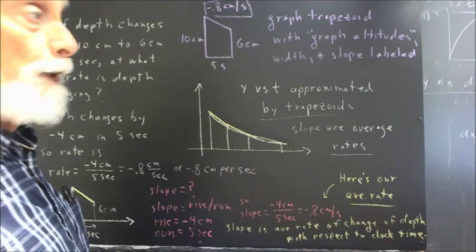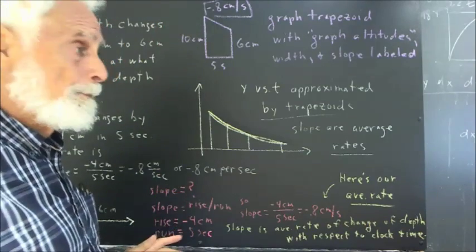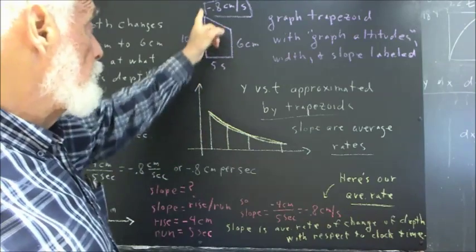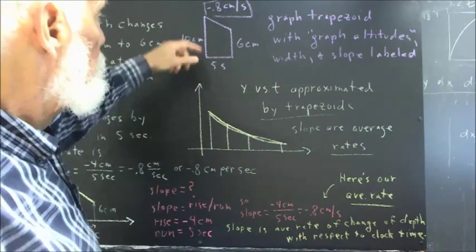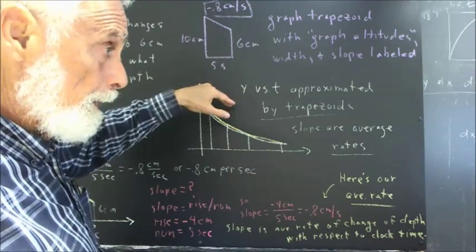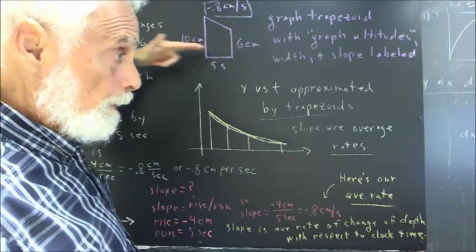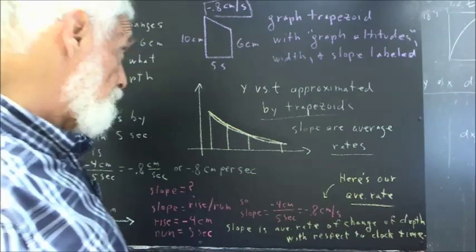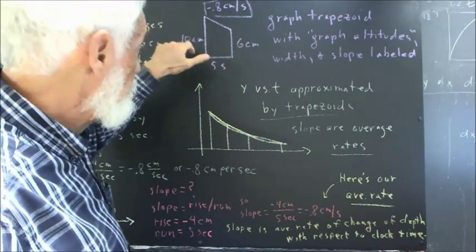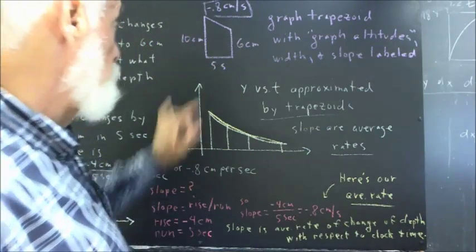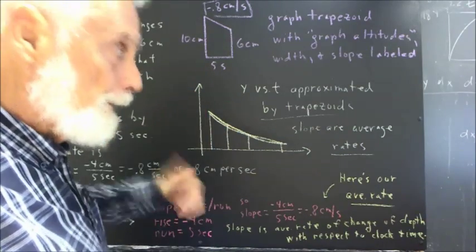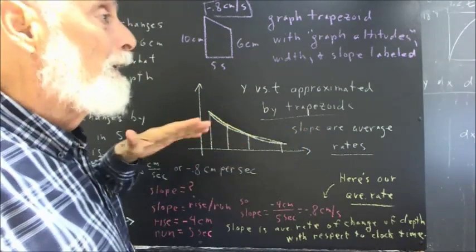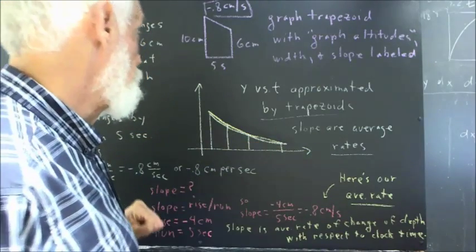Okay, now the definition of an altitude of a trapezoid is the distance between the parallel sides. Now, you measure the distance between two parallel lines perpendicular to those lines. So we could also say the perpendicular distance between the two parallel sides, although the word perpendicular would be redundant there because the distance between two parallel lines has to be measured perpendicular to those lines.